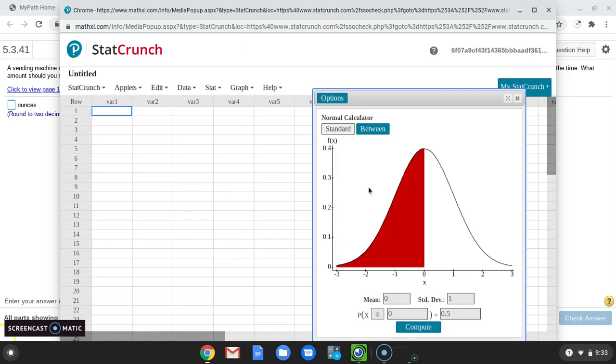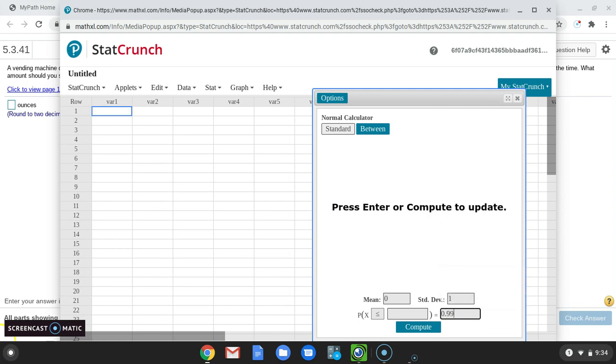The standard normal means that it has a mean of 0 and a standard deviation of 1. And remember, to the left, that's going to be not 50%, but 99%, because they want to know when it overflows 1% of the time.